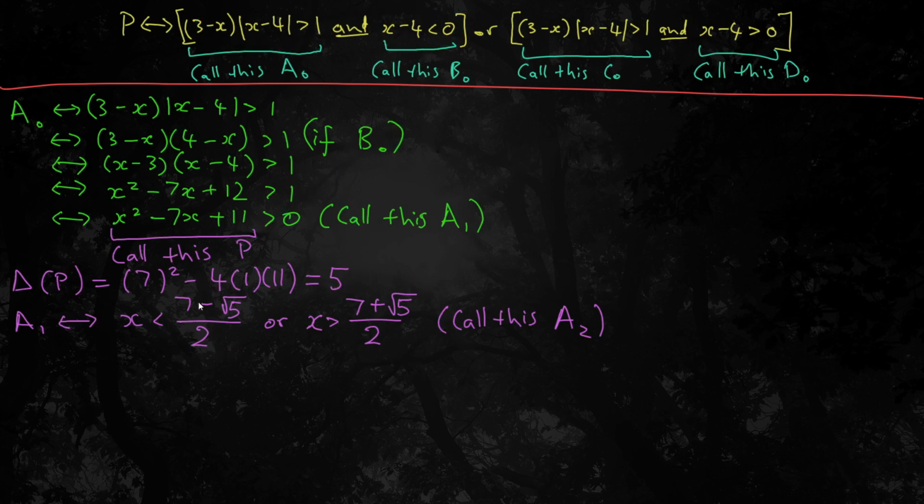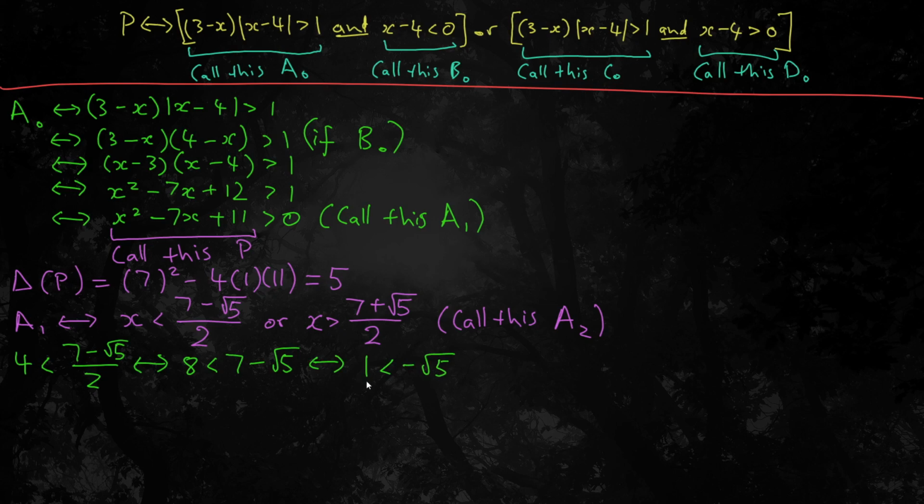Let's get rid of all that rubbish. So let's just hypothesize that 4 is less than this number, so the smaller of the two roots. I'm not saying it's true, I'm just hypothesizing it. So we can rearrange that to this, which we can rearrange to this.